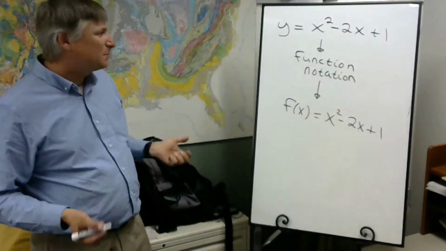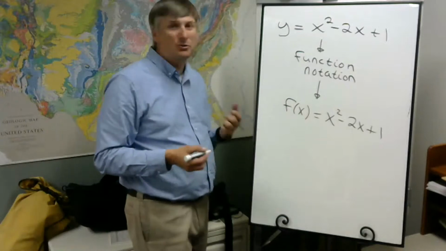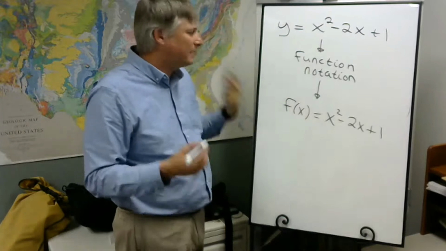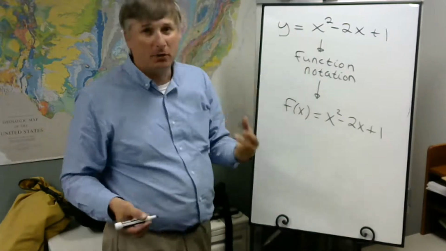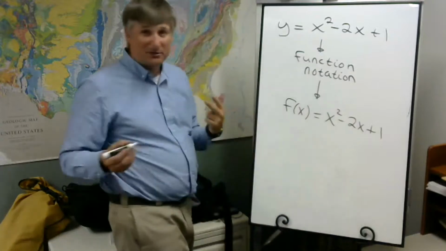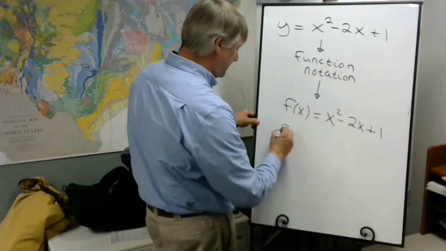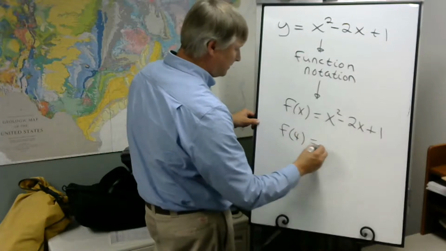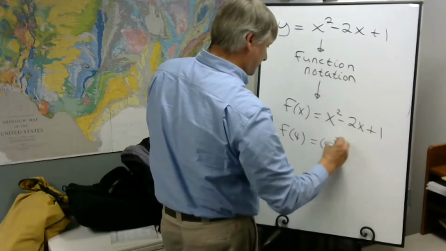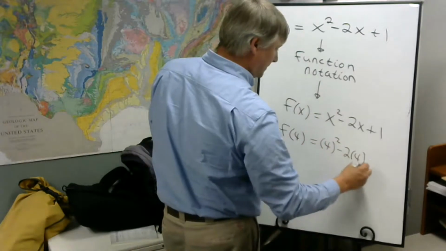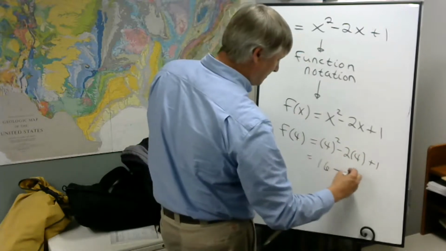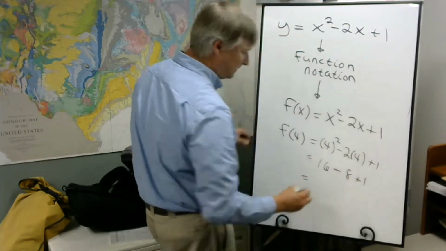So the difference between the two, there's not too much. Like for this one, we might say, let x equal 4. To find out what happens when we let x be 4, we'll get a value for y. So for this one, what we'll do, instead of saying let x be 4, we'll simply say f of 4, and then replace all the x's with 4s. 4 squared minus 2 times 4 plus 1, or 16 minus 8 plus 1, and that gives you 9.